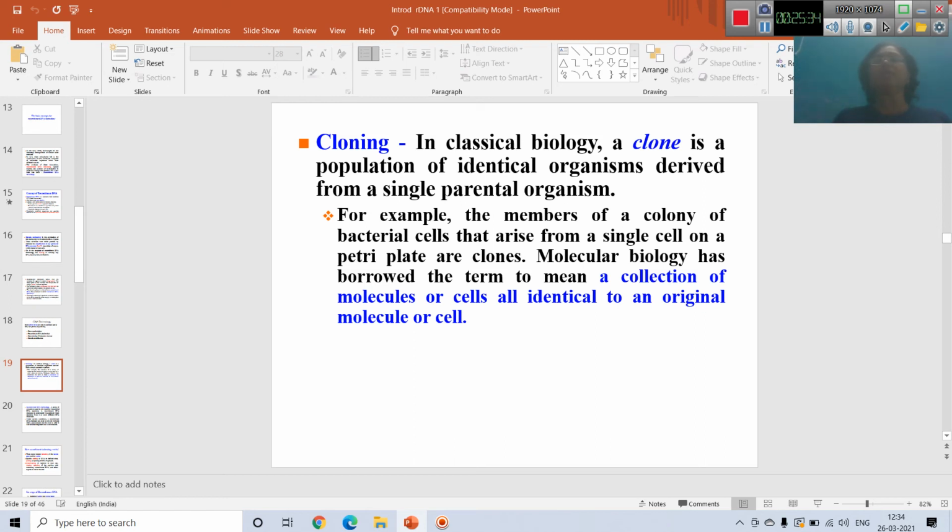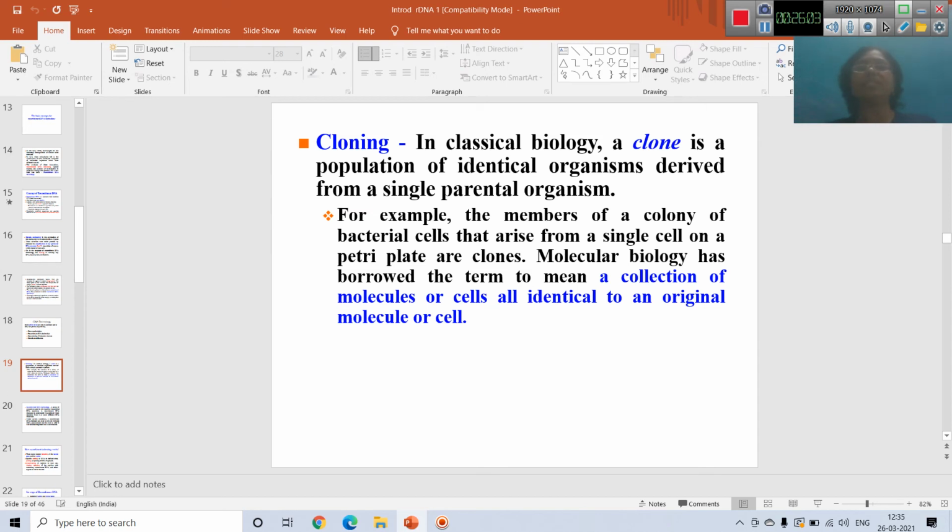Cloning means, in classical biology, a clone is a population of identical organisms. For example, if one bacterium is multiplying in a medium and producing daughter cells, a population of cells, then you call it a clone, which is derived only from a single parental organism. This term in molecular biology also, the cloning of a gene, is derived from this bacterial cell population only.